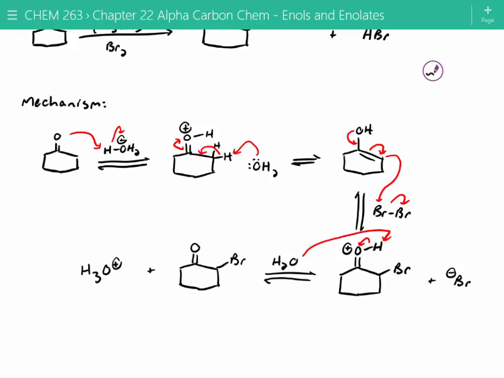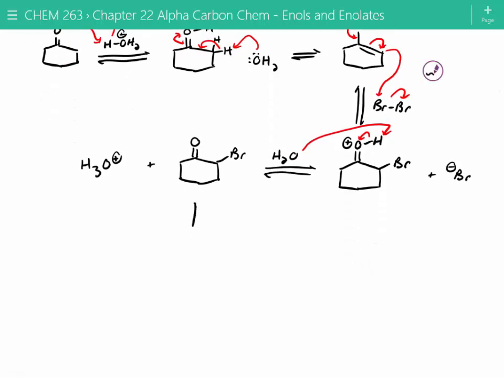The problem with this reaction is that if we look at our alpha position where the bromine's attached, it still has another proton on there. And that proton's even more acidic now because of the halogen pulling the electron density. So oftentimes this will continue on, and you'll end up with your dibrominated product.